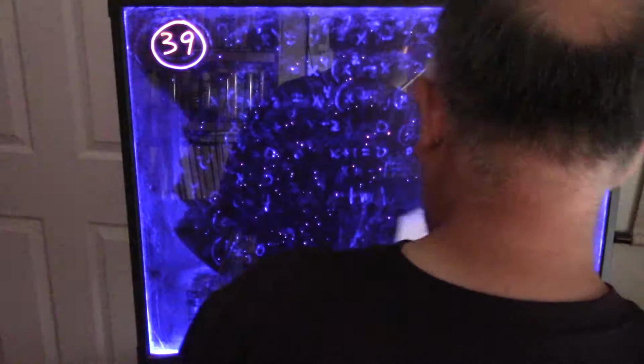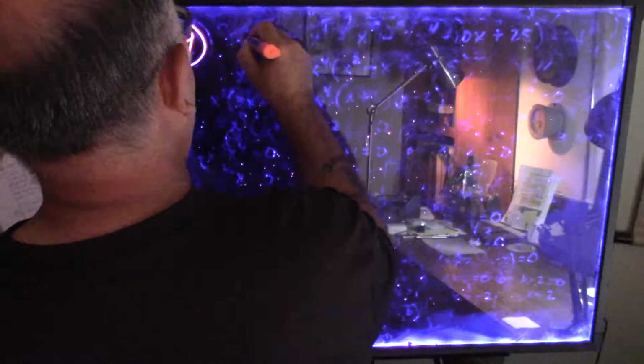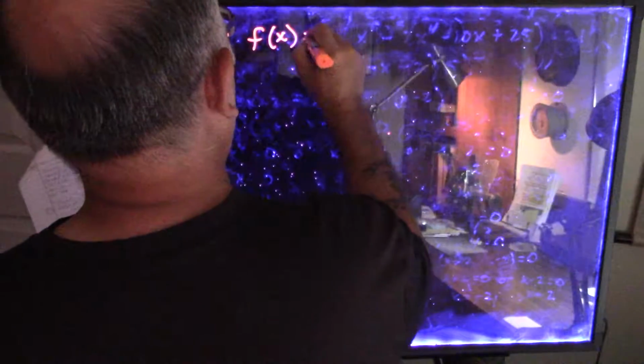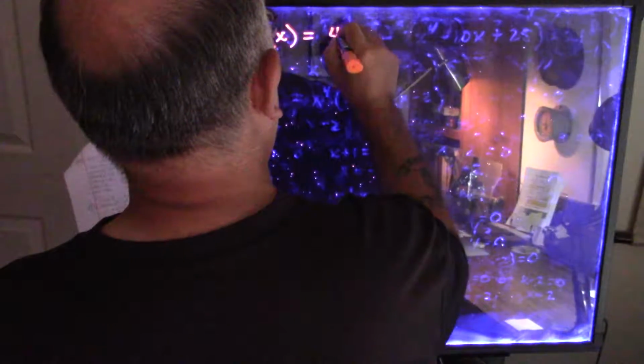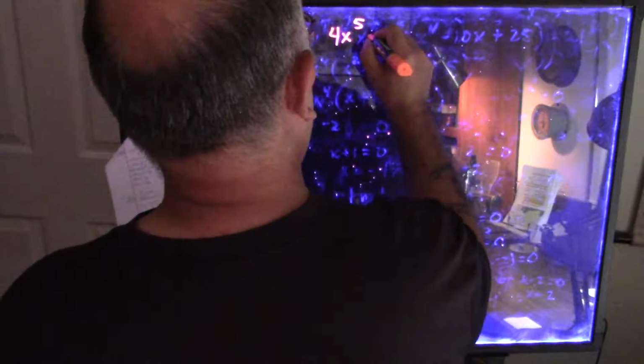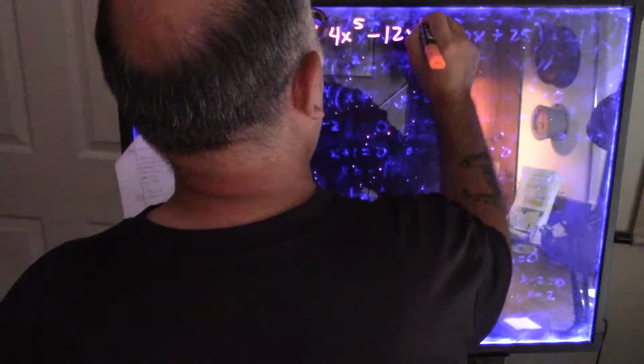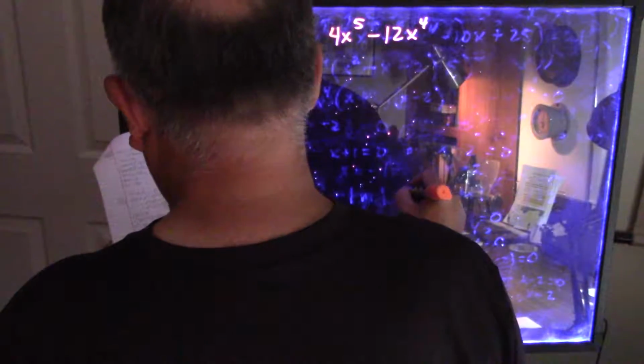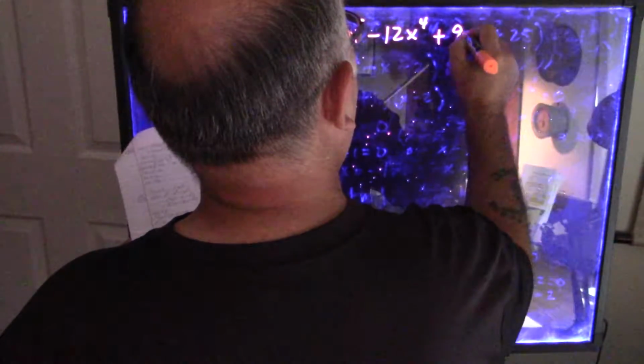Number 39. We have f of x equals 4x to the 5th minus 12x to the 4th plus 9x cubed.